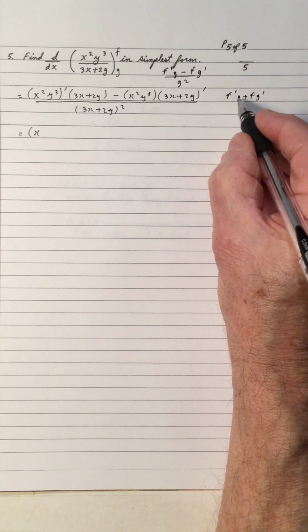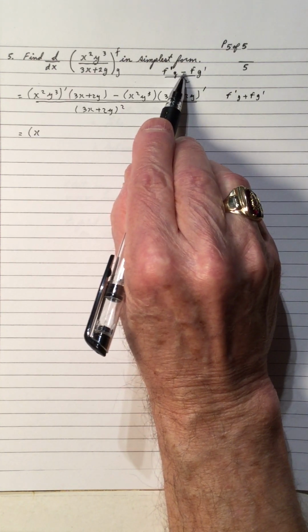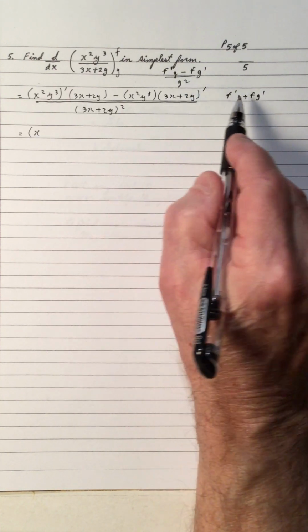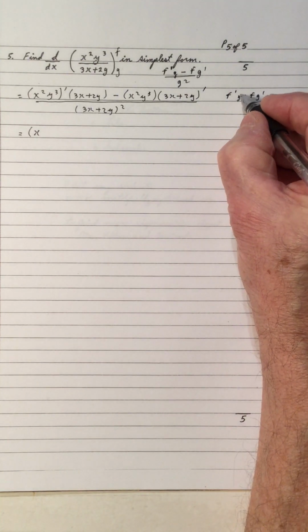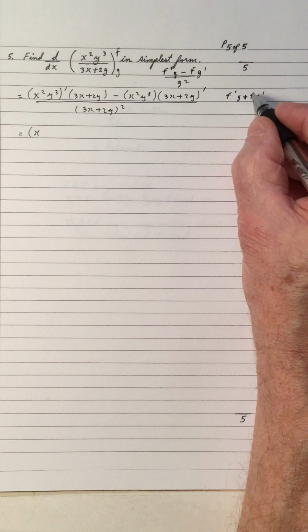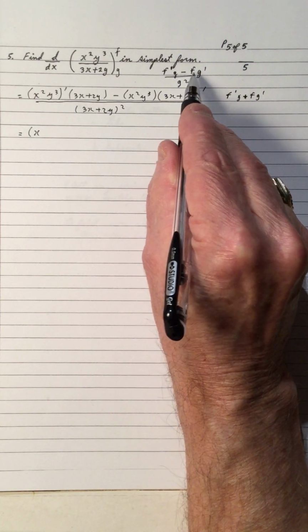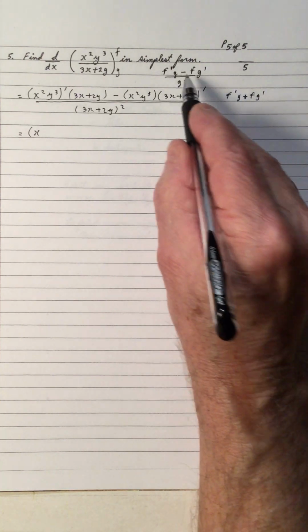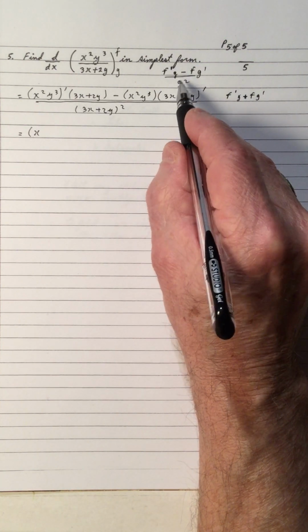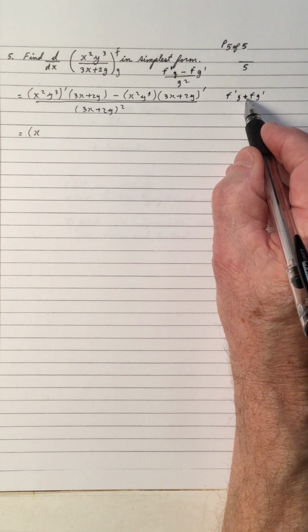The division has a minus sign and is divided by g squared. But when you have a product, you have the same order, but there's a plus sign. Notice that? So that's why I do f prime g, f g prime, because the two are in the same order, but the division has a minus sign with a denominator squared, and the product is just a plus.